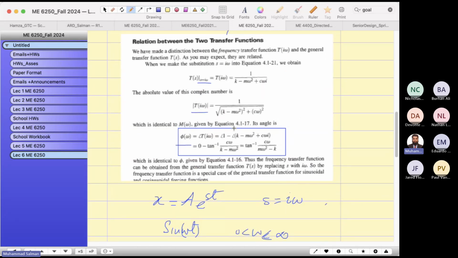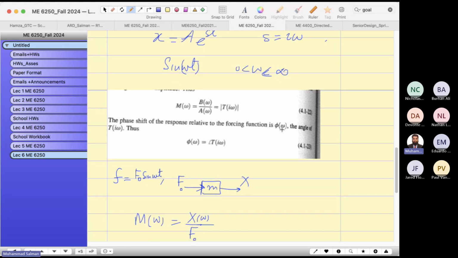From here, if I take this transfer function equals X over F, this is also equal to the magnitude ratio.